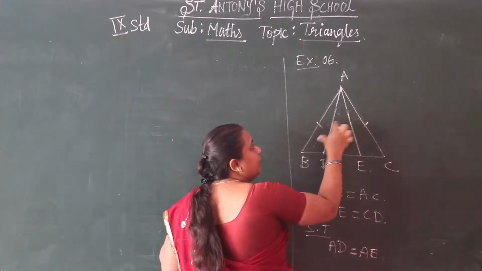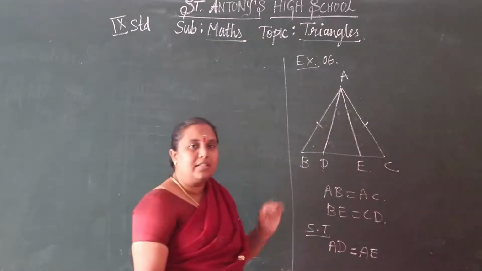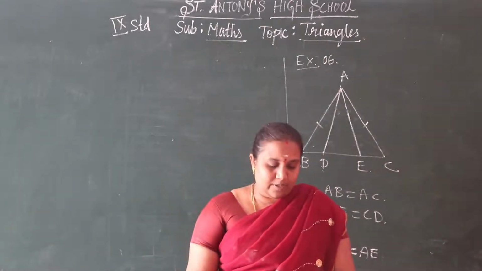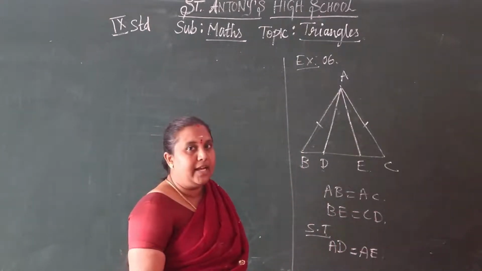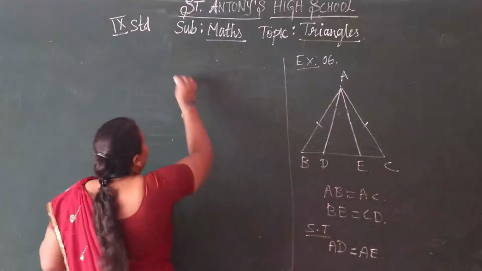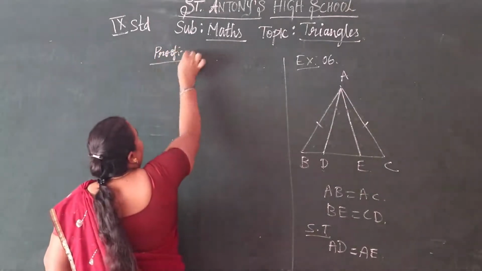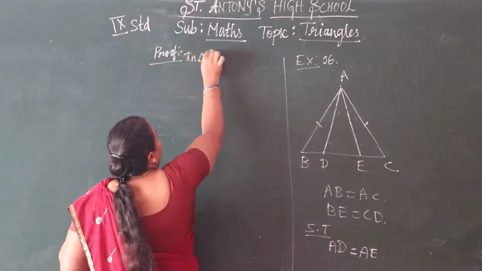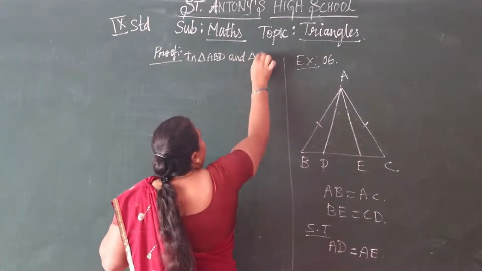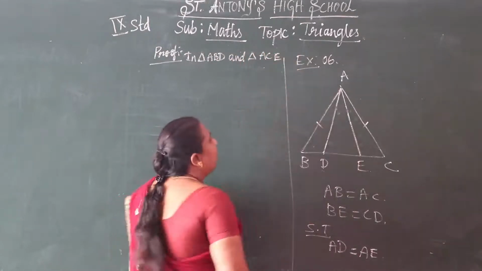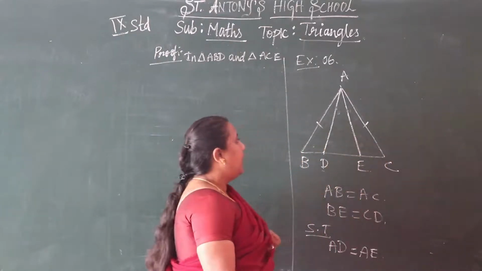So for that we can take two different triangles, ABD and ACE. Proof: in triangle ABD and triangle ACE, these two triangles we can take to prove AD equals AE.